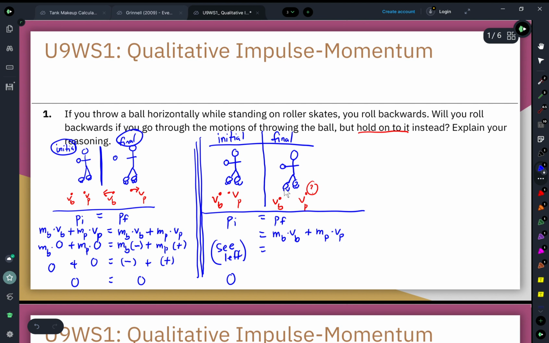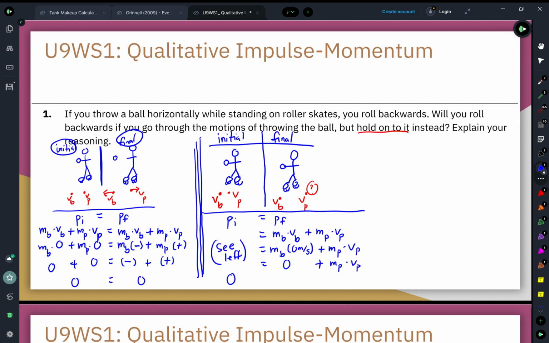We know that the ball, if they're holding onto it, has that velocity of 0 meters per second. And we know that the person still has a mass, and we're looking for their velocity. Any number times 0 is 0, plus the momentum of the person.